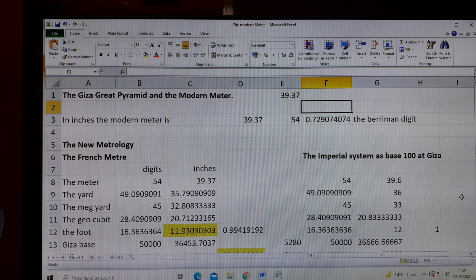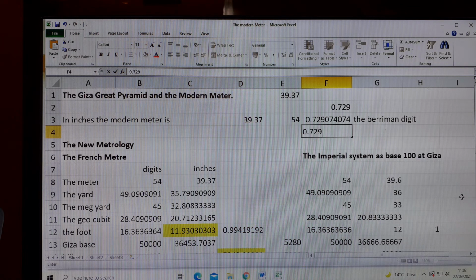He's got 0.729, which we looked at yesterday, and 0.729166666 recurring. And look at where the French digit is sitting. It's right in the middle of the two. So it's perfectly calculated by the French, because the ancients have got this scaled model that is giving us the Earth circumference based on a base 100 great circle of 25,000 miles.